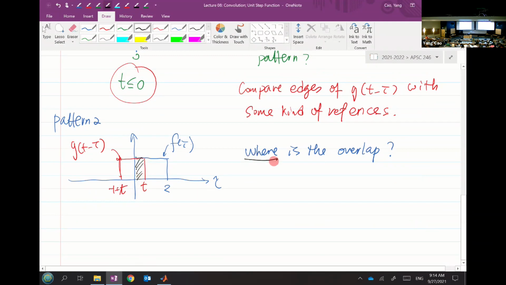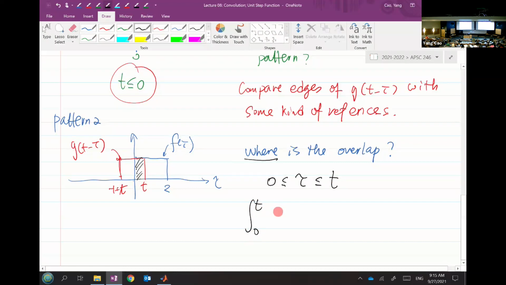Basically, is tau between 0 and where? Where does the overlap happen? 0 to this edge, which is t. So that's the answer to the where, and this is your answer to the integral limits, right? So 0 to t.